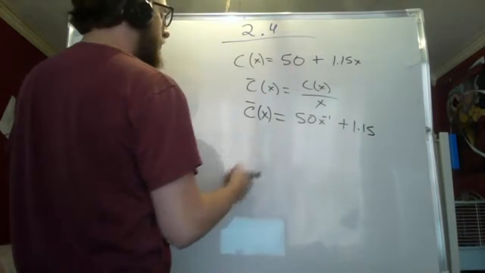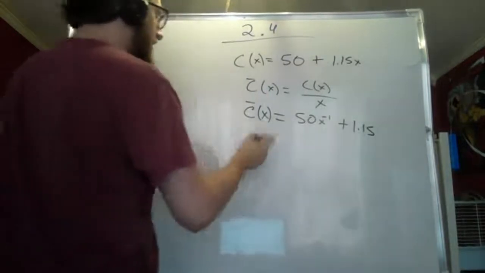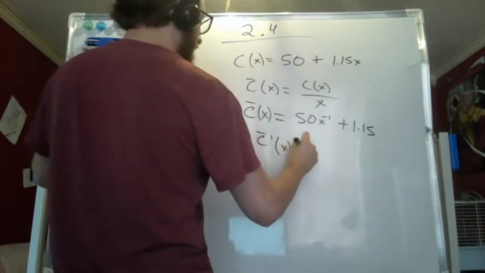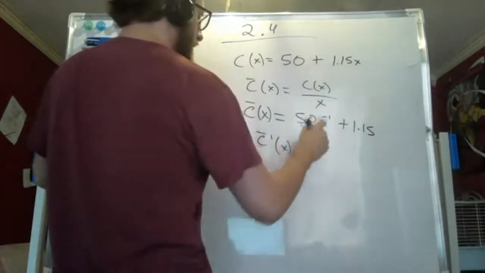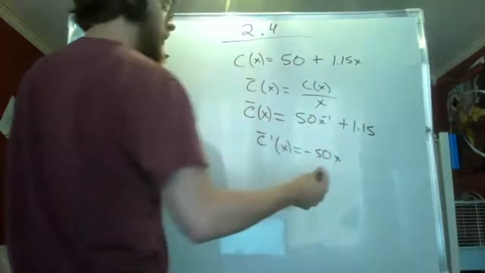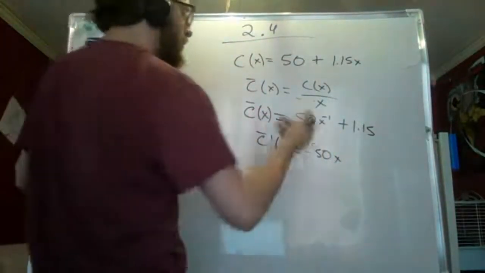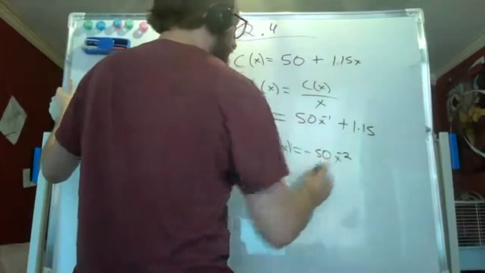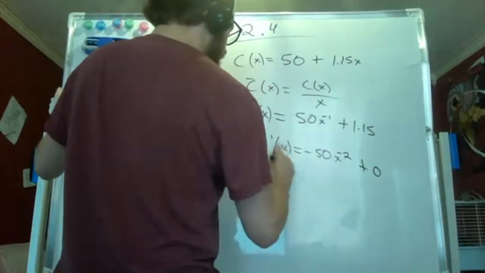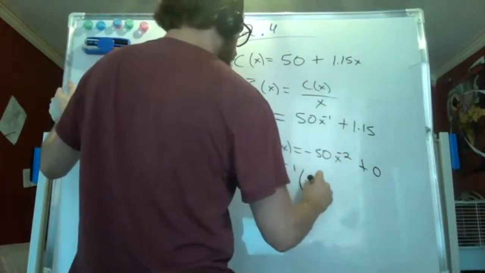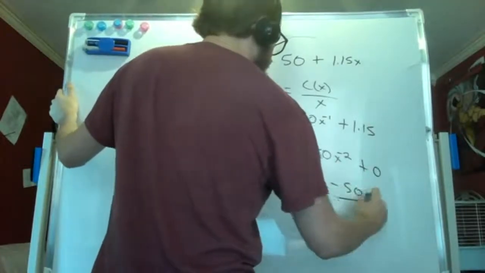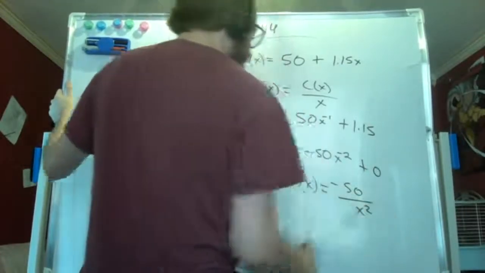Now we're trying to find the marginal average cost. So we just take the derivative of it. So C bar prime of x is going to equal, negative 1 comes down, we have negative 50, x raised to the power decreases by 1, negative 1 minus 1 is negative 2, derivative of a constant is 0, and so for our final answer, the marginal average cost is negative 50 divided by x squared.